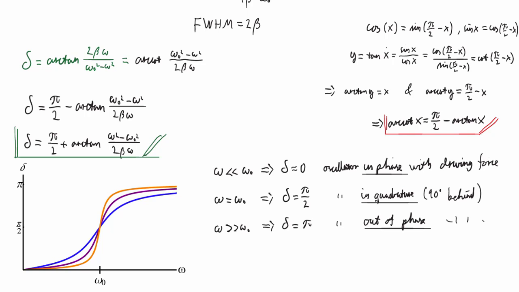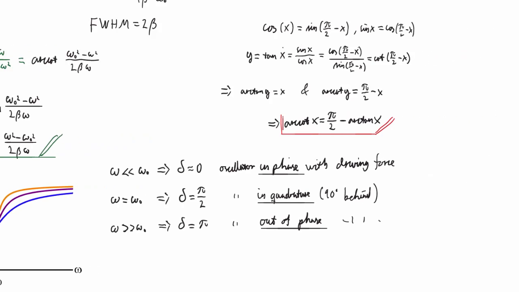So before wrapping up this section on resonance, I have one other concept I need to introduce to you. And that is the concept of the quality factor, or usually just known as the Q factor.